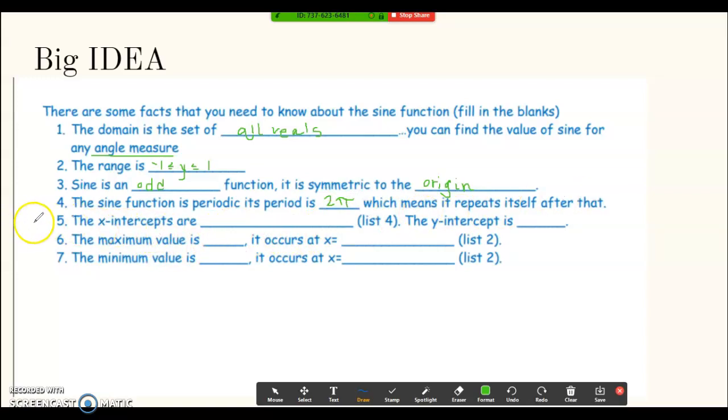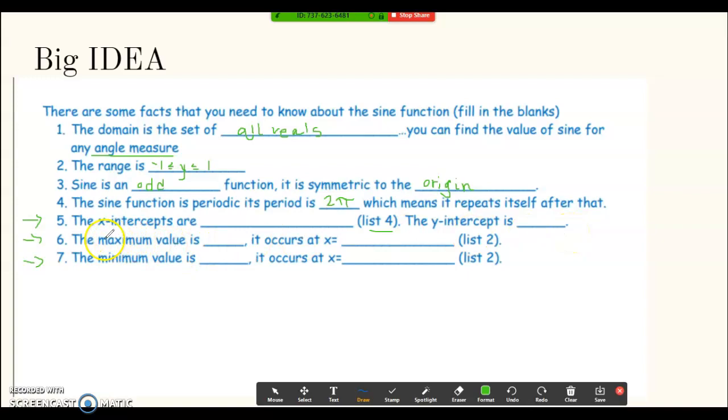Now, what I want you to do is look at what we graphed. Go back and fill in 5, 6, and 7. Tell me what the x-intercepts are for the sine graph, and list 4. Then tell me what the y-intercept is.